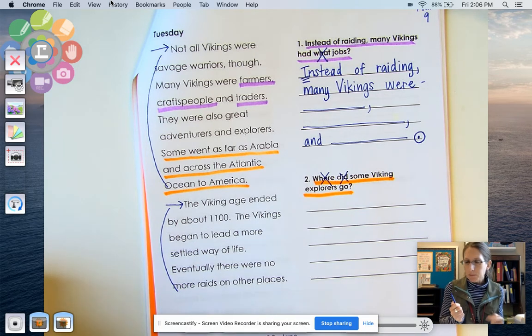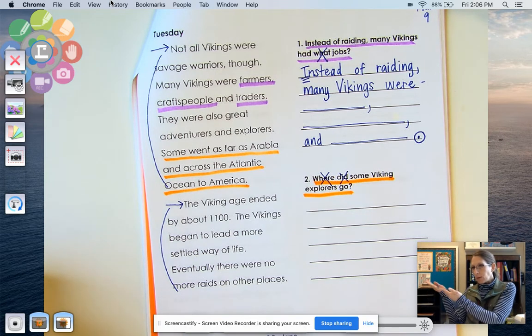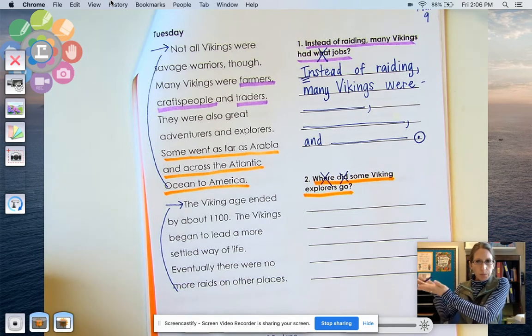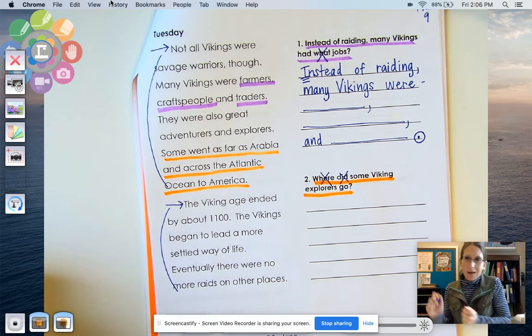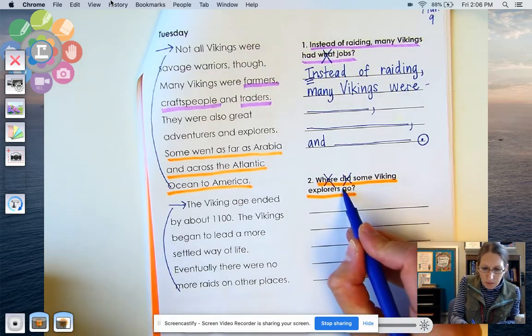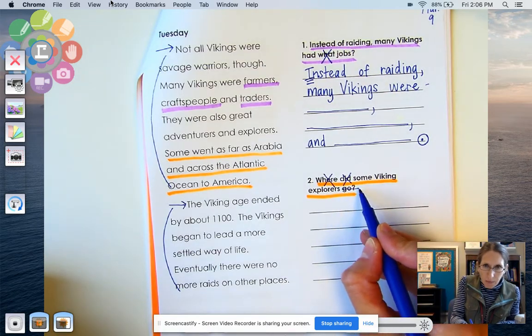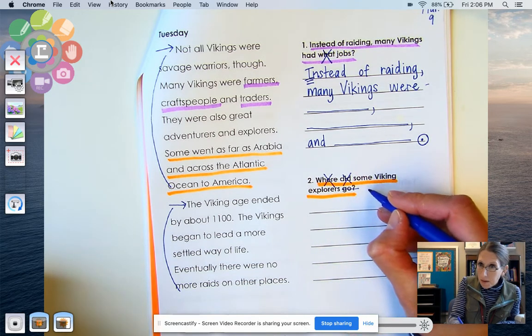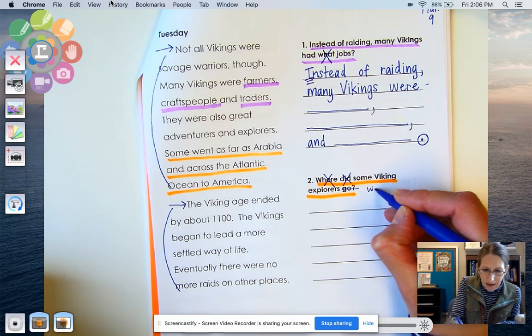How about future tense? I will go, you will go, he, she, it will go. We will go, you will go, they will go. Cha-cha-cha. Okay, but what do we want? Do we want the present tense, the past tense, or future? Yeah, we want the past tense, don't we? So maybe just to help us, I'm going to cross this one out and put the past tense. Some Viking explorers. Yeah, it should be went.